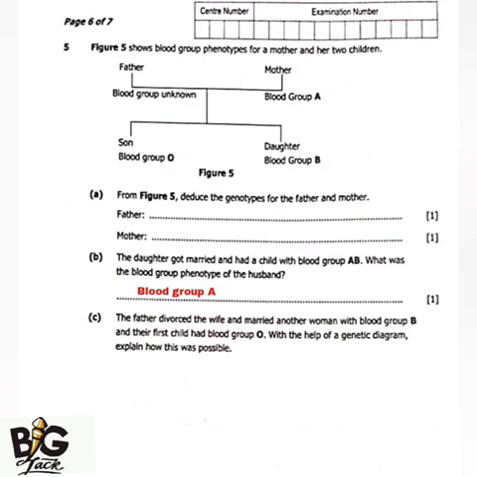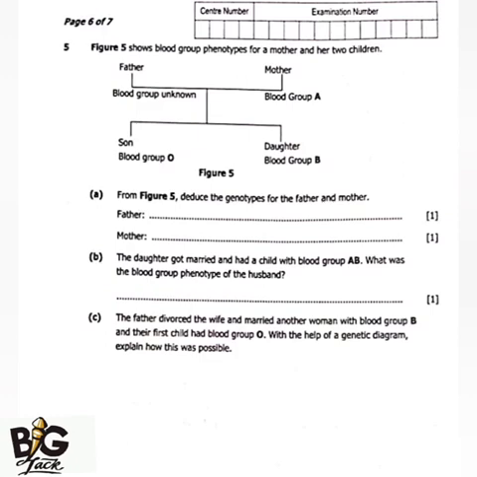Their first child had blood group O. So this tells us that even the woman was having blood group B as heterozygous dominant. The question is saying, with the help of a genetic diagram, explain how this was possible.